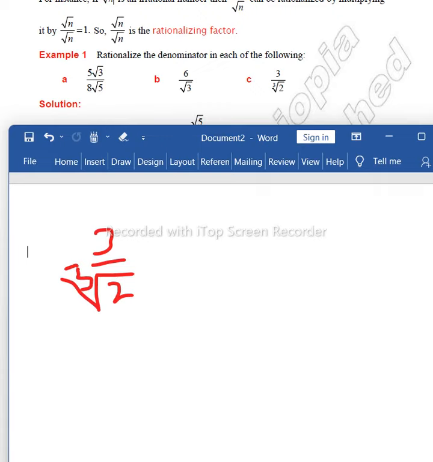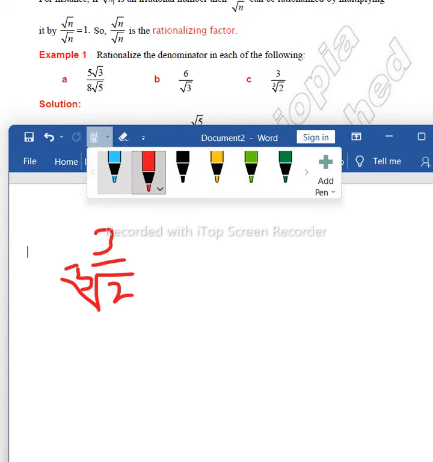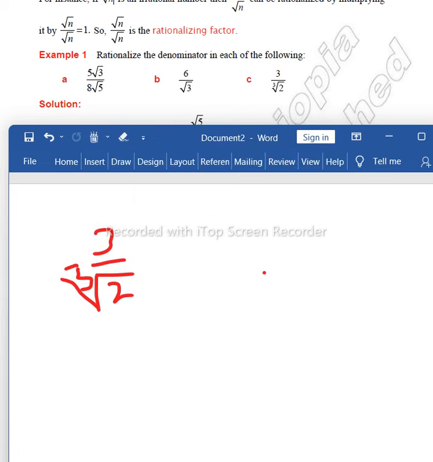So to rationalize this, we have to make this to the power of 3. So to make it to the power of 3, we have to multiply this number with cube root of 2 to the power of 2.